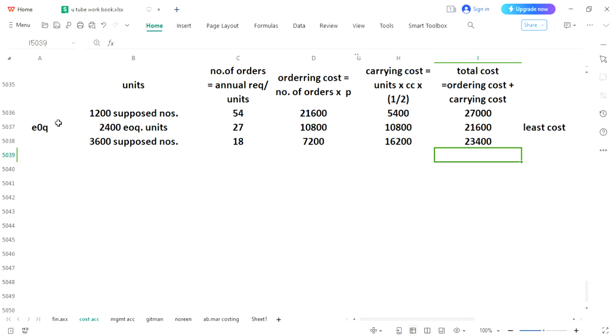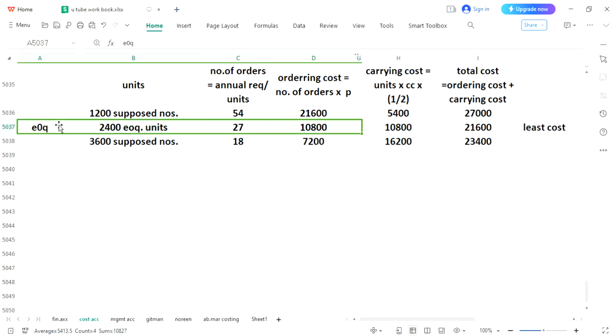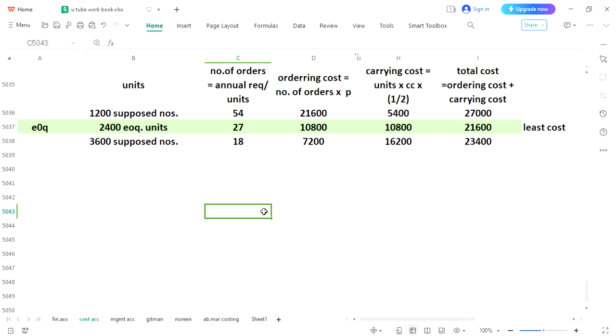In this way, our claim has been proved that if you order 2400 units, you will get the most economical outcome. So you have got the most economical number of units, 2400, which has the least cost, maximum benefit, maximum financial satisfaction.